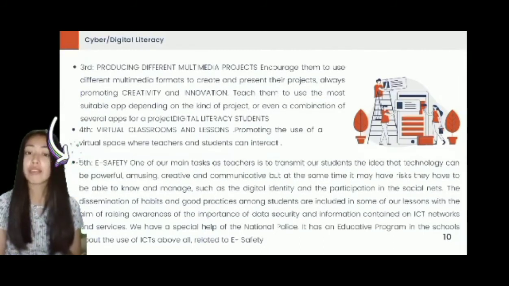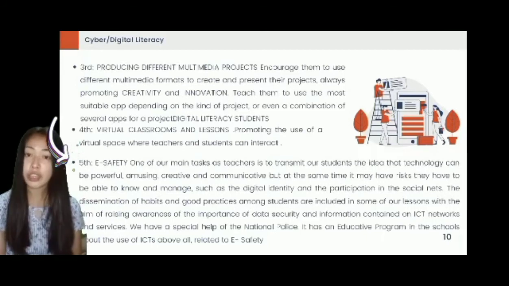So for the last one, we have e-safety. One of our main tasks as teacher is to transmit to our students the idea that technology can be powerful, amusing, creative, and communicative. But at the same time, it may have risks they have to be able to know and manage, such as digital identity and the participation in the social nets.